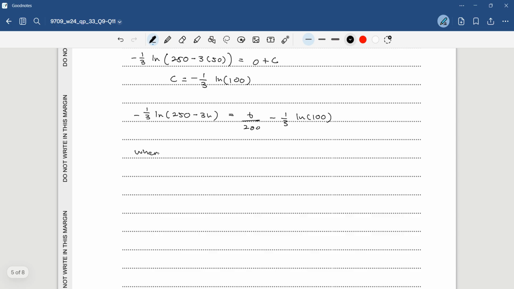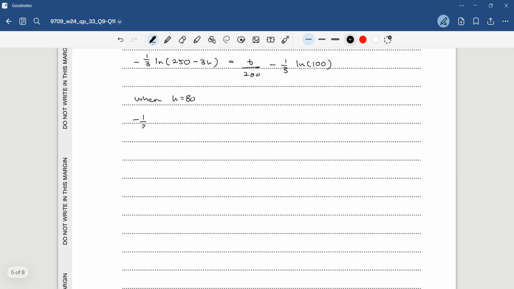So when h equals 80, it's going to be negative 1 over 3 ln of 250 minus 3 times 80 equals t over 200 minus 1 over 3 ln 100. So negative 1 over 3 ln, this will be 10, plus 1 over 3 ln 100 is equal to t over 200.